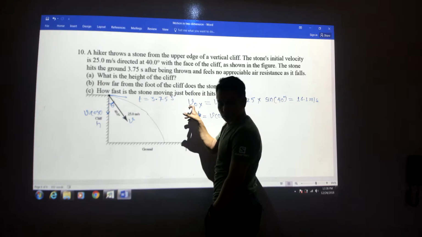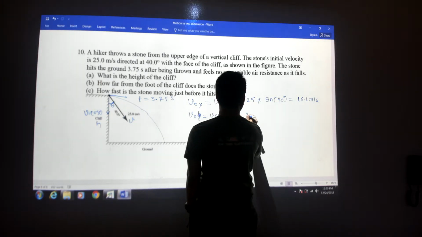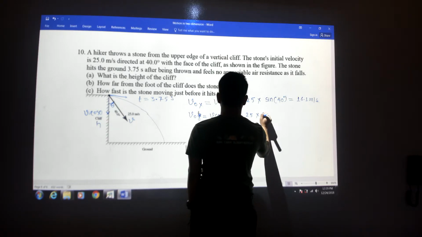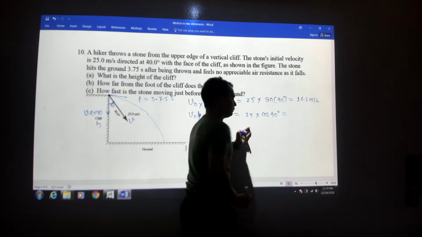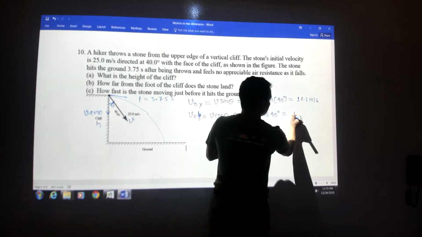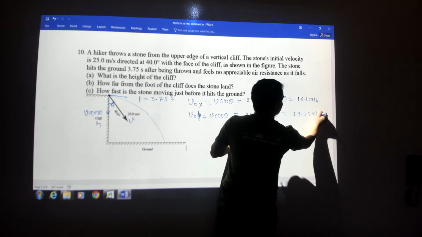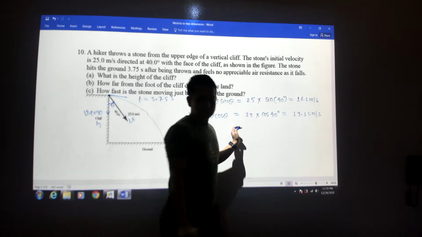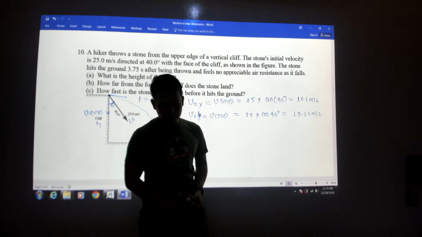This is the x component, and the y component is 25 times sine 40 degrees. So you just have to use your calculator. When you do that, you will get 19.15 meter per second. Okay. So we found out the x component and the y component.